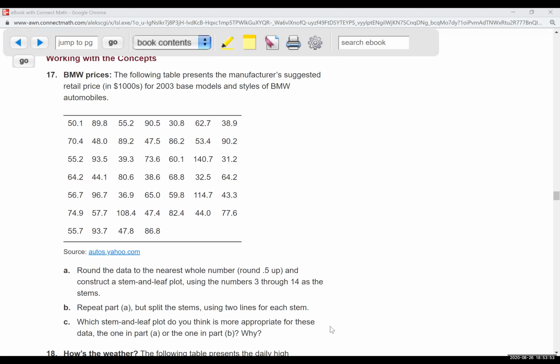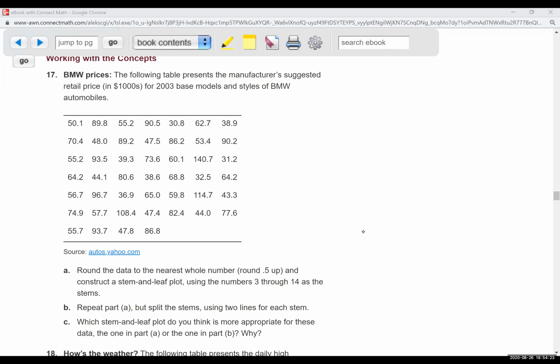I have a question. Okay, so just to clarify, for the stem, we double the numbers, right? So we doubled the numbers on the left side. Yes. And we do that because, I guess, it rounds to the next number.